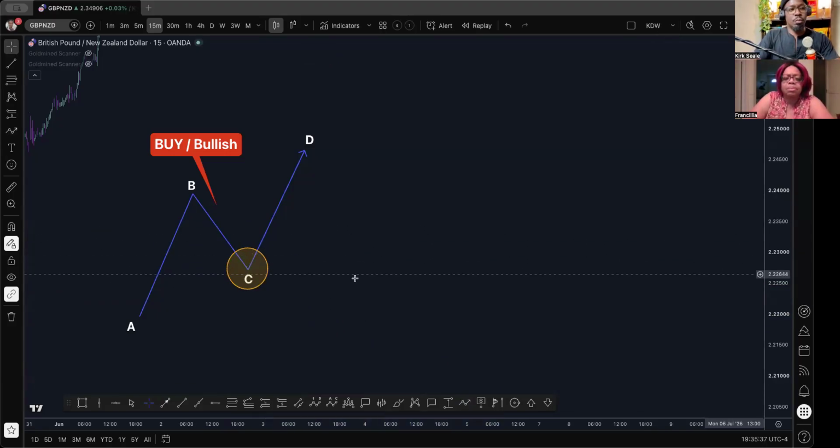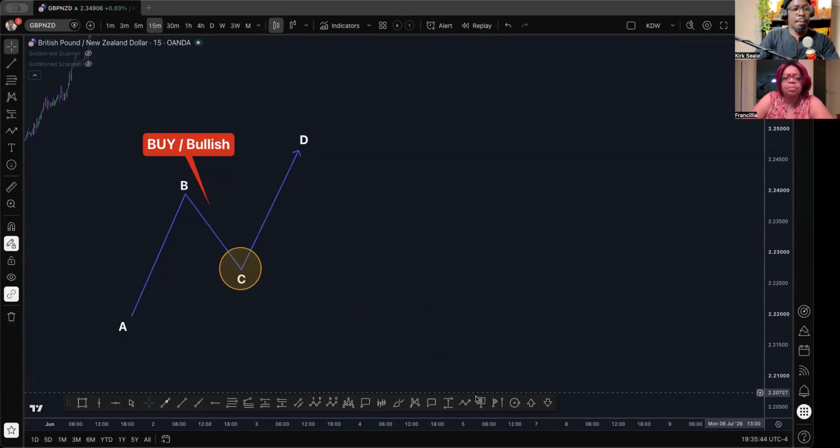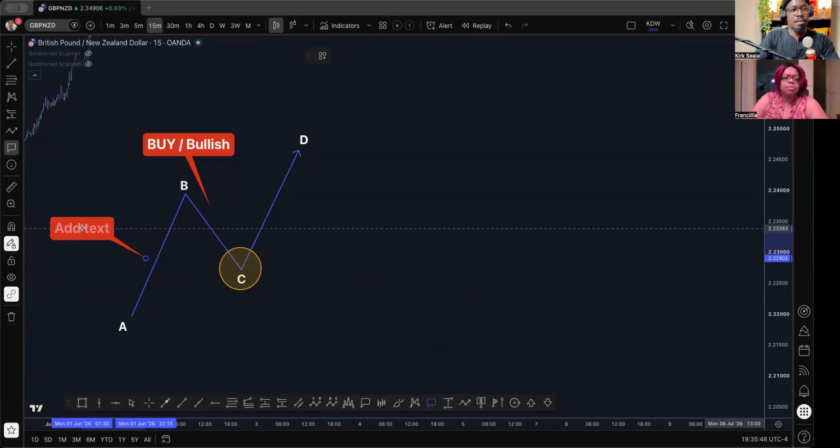Now, there are a few ways that this works out. First being that this pattern has three phases to it. So this bullish pattern has a first phase, which is from A to B. This is called the impulsive phase. This is when price makes a sudden move up in a given direction. Because we're talking about buys, it's all about going up, right?